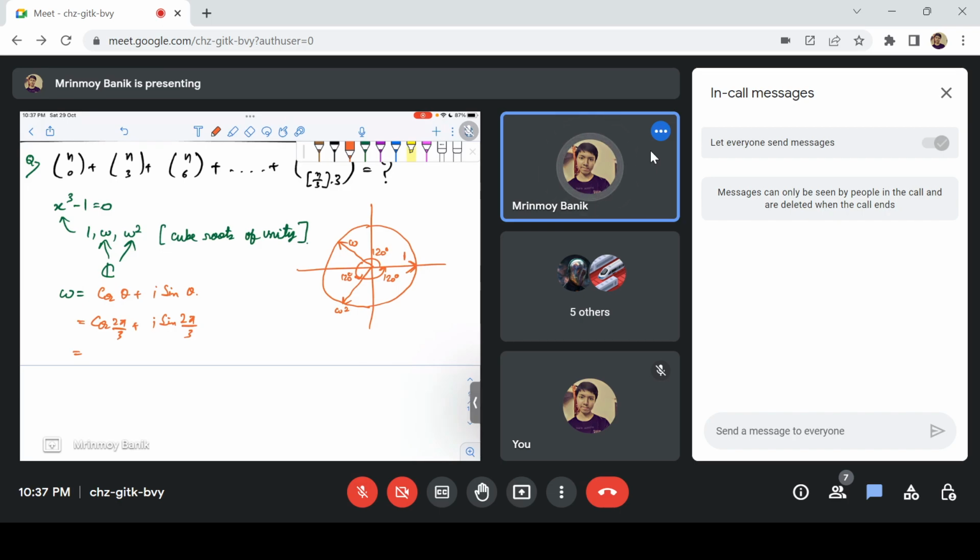Cos 2 pi by 3 is minus 1 by 2, and sine 2 pi by 3 is root 3 by 2.